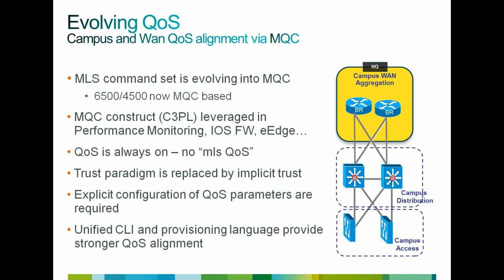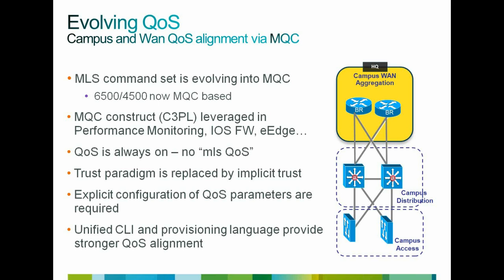Now, we've moved to the MQC construct on the Catalyst 4500 with the new SUP 6 and SUP 7 platform, new supervisors, and with the SUP 2T on the 6500. And we're going to progress that way so that the ASR, ISR, 4K, 6K, as well as the next generation platforms that come out will be focused on MQC.